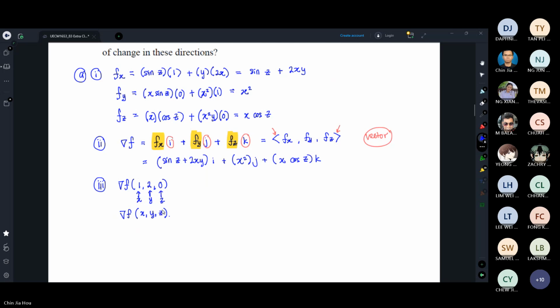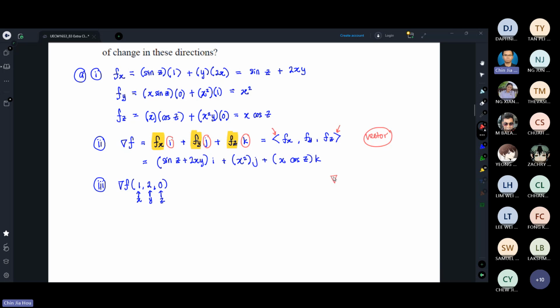In class I said usually we follow the standard where the first one is x, the second is y, the third is z, but not always like this. Let's say I want to be a little bit deceiving or tricky, just to confuse you.